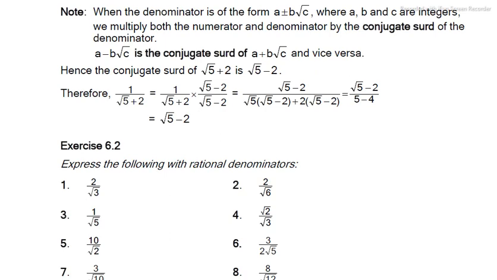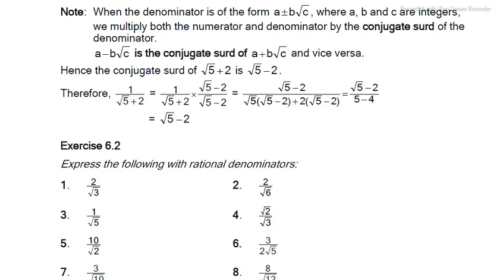So we expand this. The easiest way of doing this is by bringing in the idea of difference of two squares. If you have not yet reached that point, then we shall do our usual expanding and simplifying.